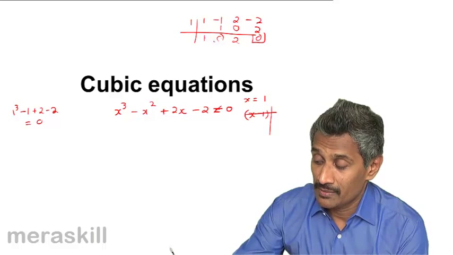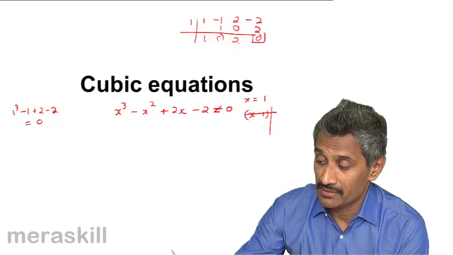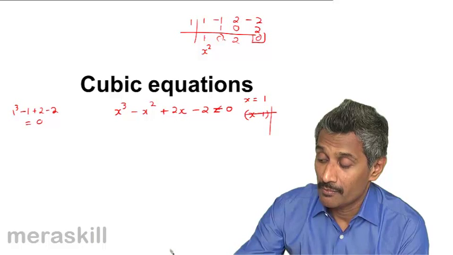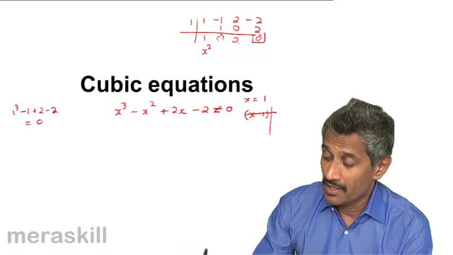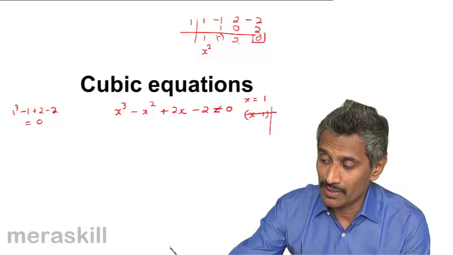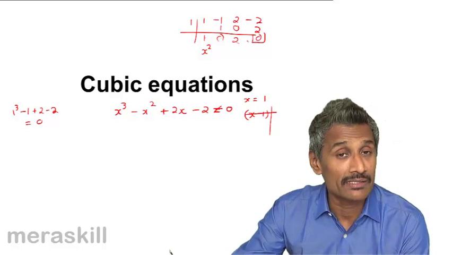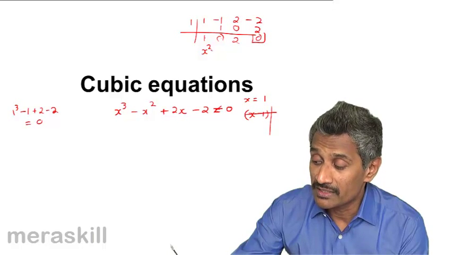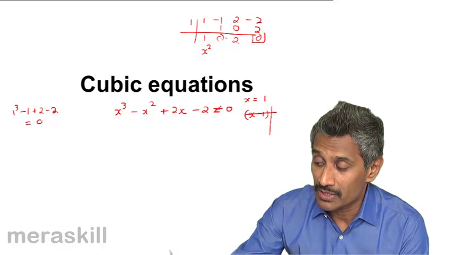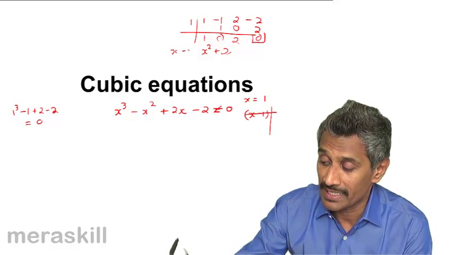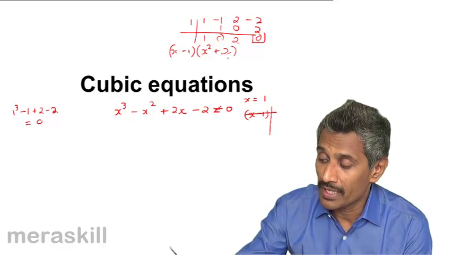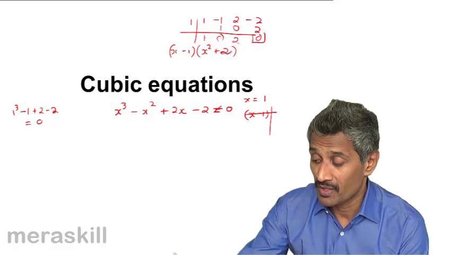So the second factor in this case is going to be x square plus 0x plus 2. Since the power is x cube and you have divided already by x minus 1, the quotient that is left is going to be 1 degree less. So it's going to be x square plus 0x plus 2, that is x square plus 2. So this whole expression is x minus 1 into x square plus 2.